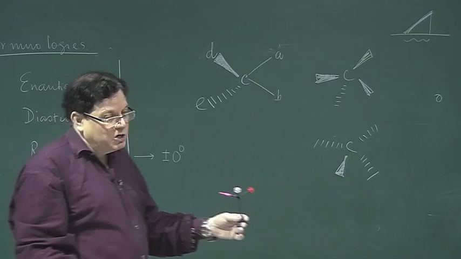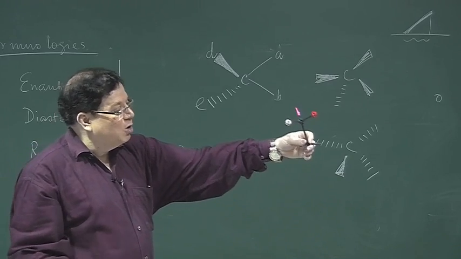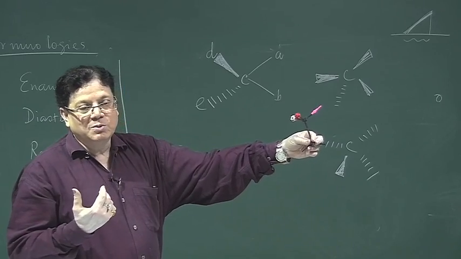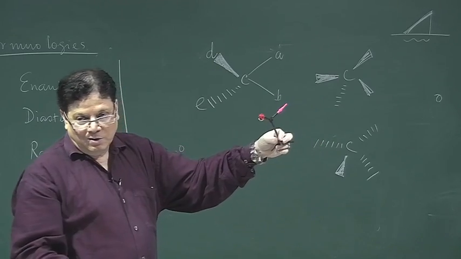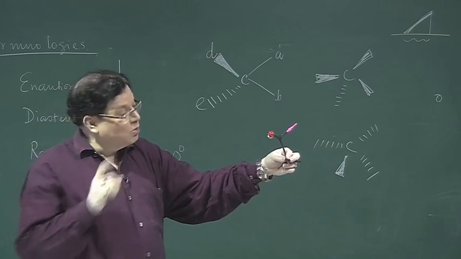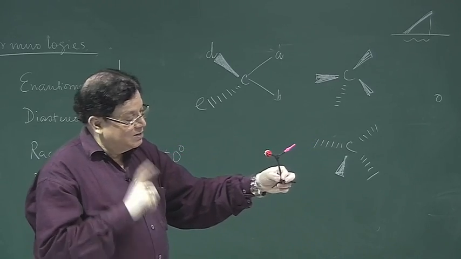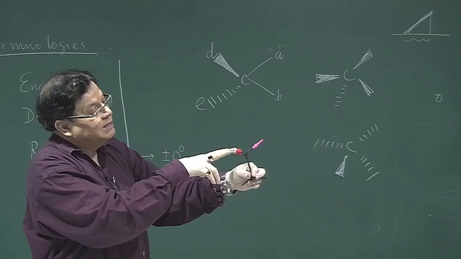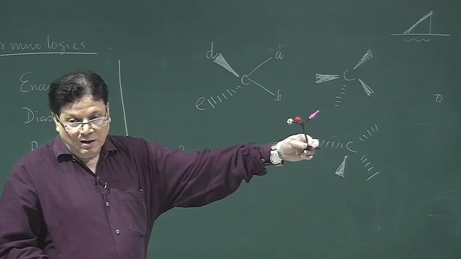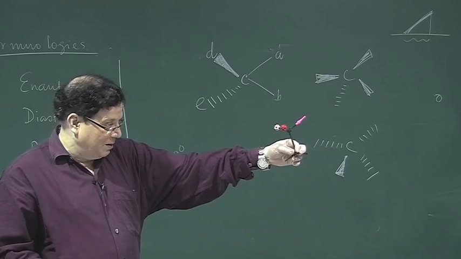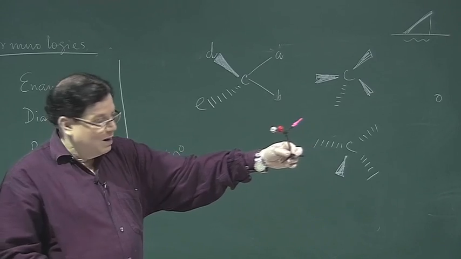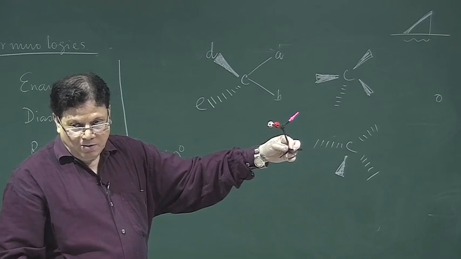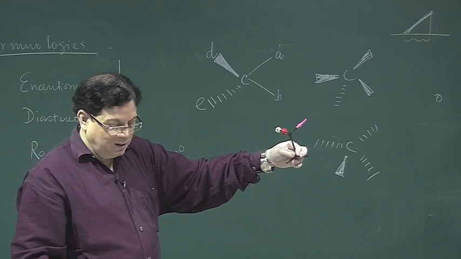So, when you draw a Fischer projection formula, you view the molecule in such a way that 2 bonds are facing towards you and 2 bonds are going away from you. But there is another restriction in Fischer projection: the bonds which are towards the observer should be in the horizontal direction, and bonds which are away from the observer should be in the vertical position.